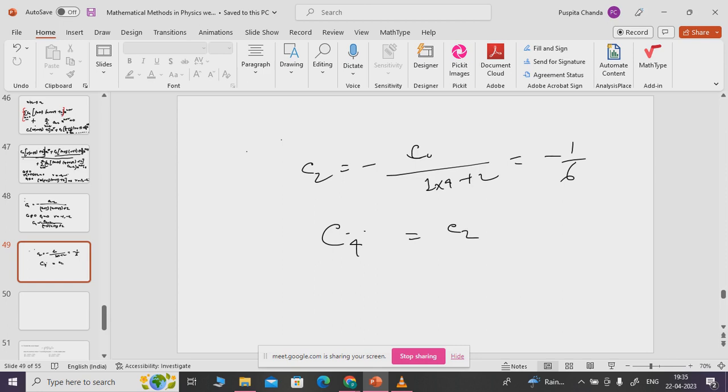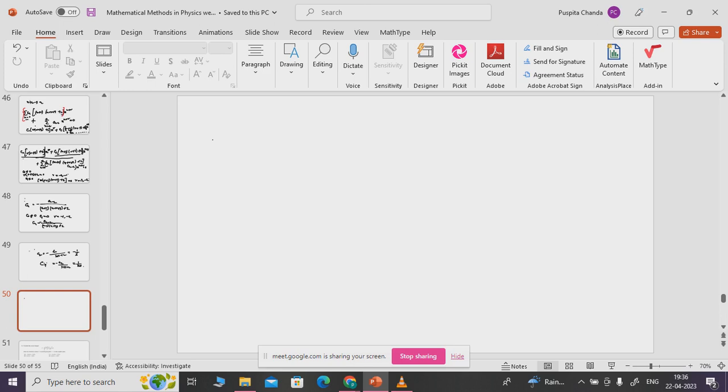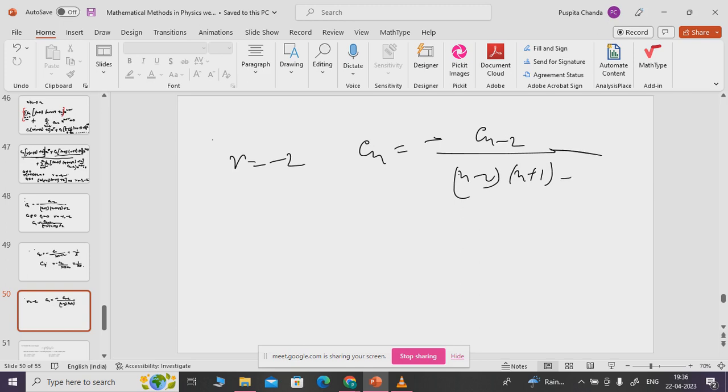C4 will then become minus C2 over 3 into 6 plus 2, which is 1 by 120. And for r is equal to minus 2, then Cn becomes minus Cn minus 2 over n minus 2 into n plus 1 plus 2.